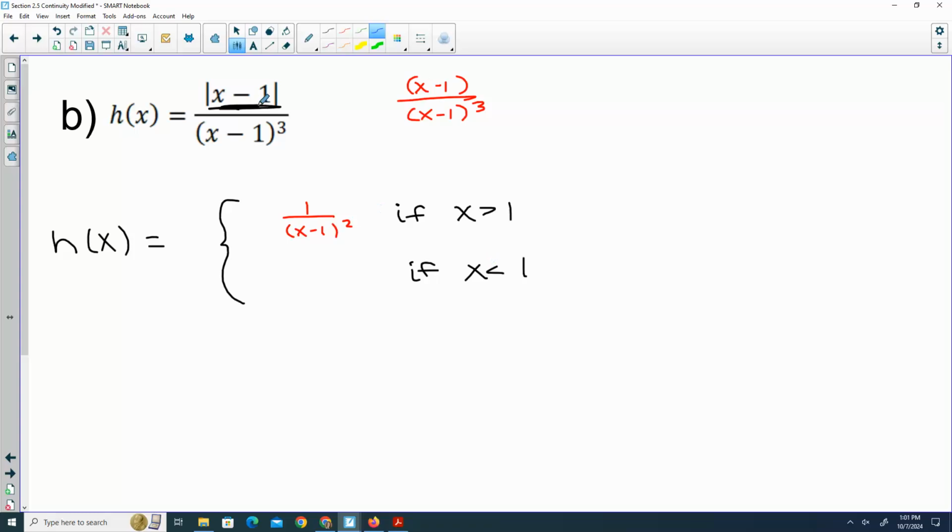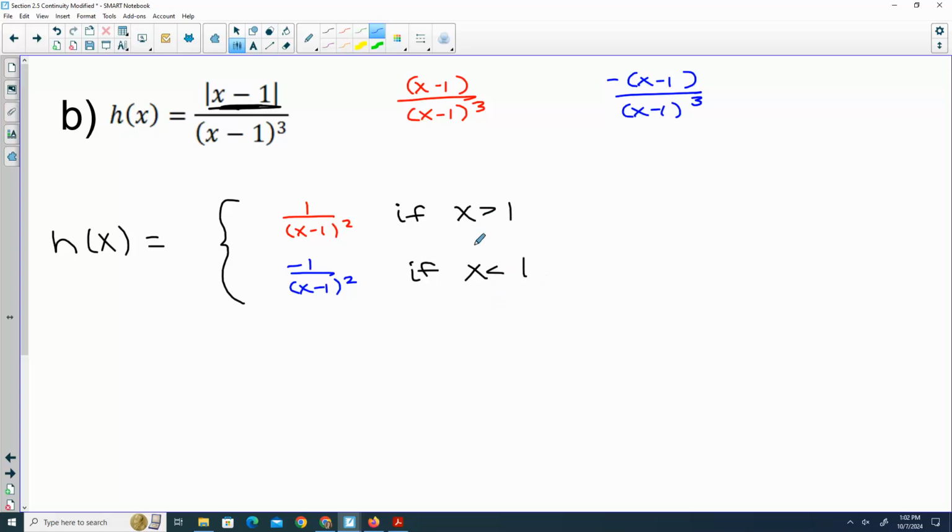If you put in a number smaller than 1, then the number inside the absolute value would be negative and become positive. So it's the opposite of x minus 1. So if you cancel an x minus 1, you'd be left with negative 1 over x minus 1 squared.